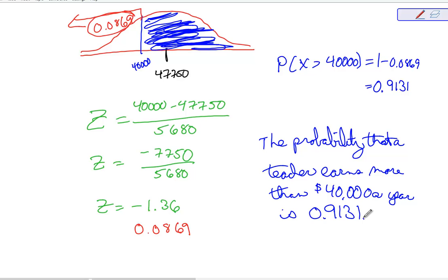So you have to go back to your rules that you've previously learned about the standard normal distribution, and also using the standard normal z-scores, and combine those.